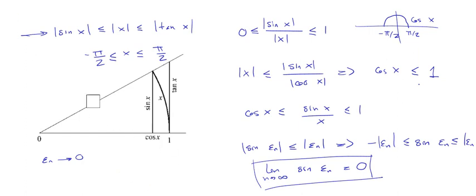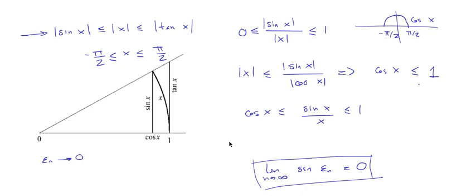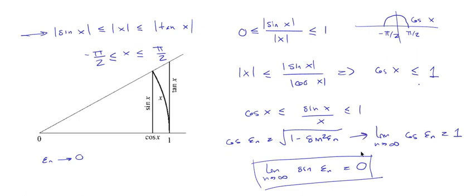But bear with me. Now the cosine of epsilon sub n is the square root of 1 minus the sine squared of epsilon sub n. The limit of the sine is 0, so the limit of the cosine is 1, right?